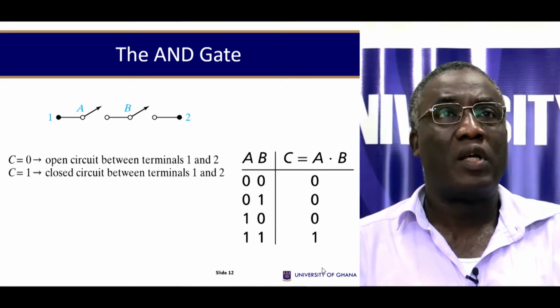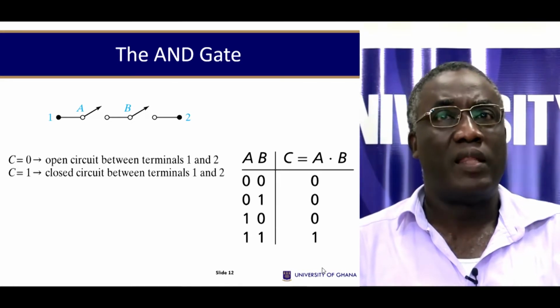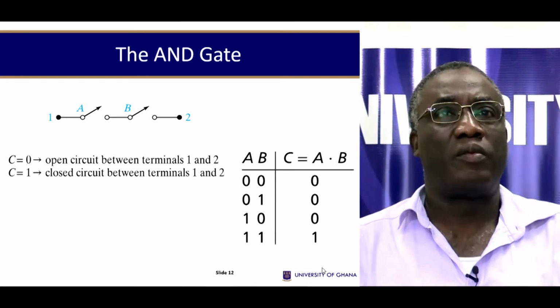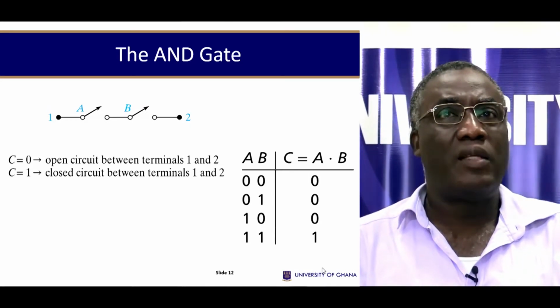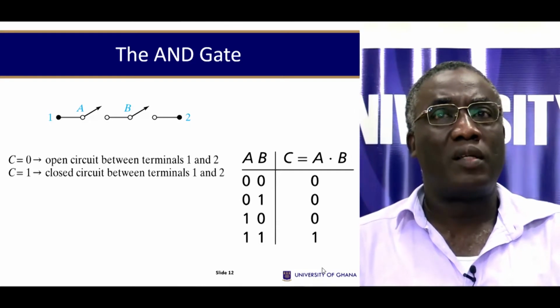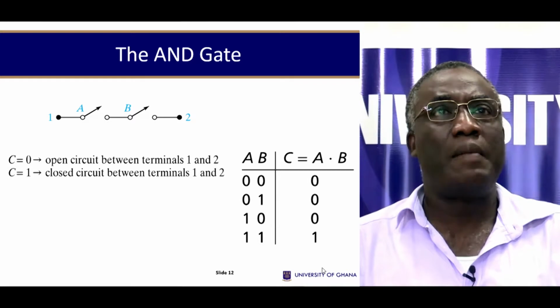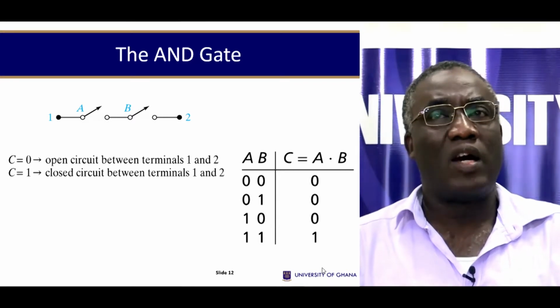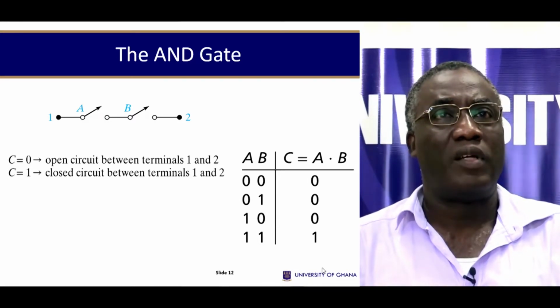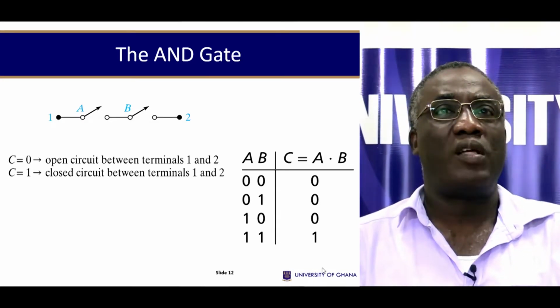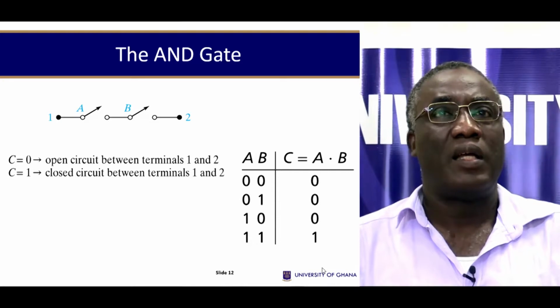So if A is off, B is off, then the output will be off. When A is off and B is on, still it will be 0. And when A is on and B is off, the output will still be off. And then when both A and B are on, it's only then that you have an output of 1. So the lamp will be on.